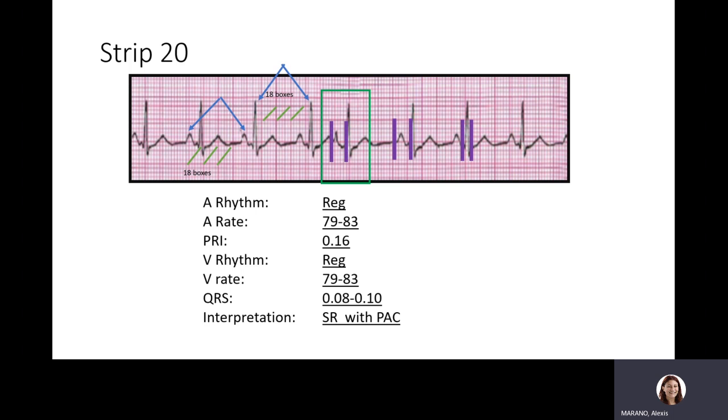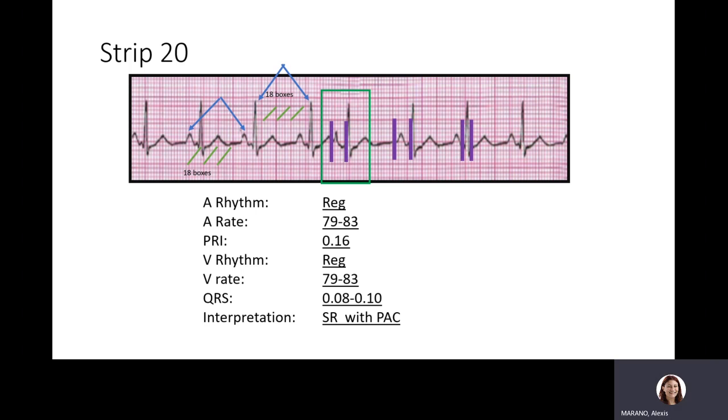Let's look at the ventricular rhythm. Do they march out? Yes, making it regular. Your ventricular rate, 79 to 83. Your QRS is 0.08 to 0.10. And your interpretation will be sinus rhythm with a PAC.